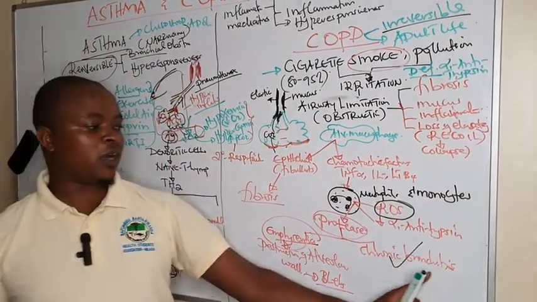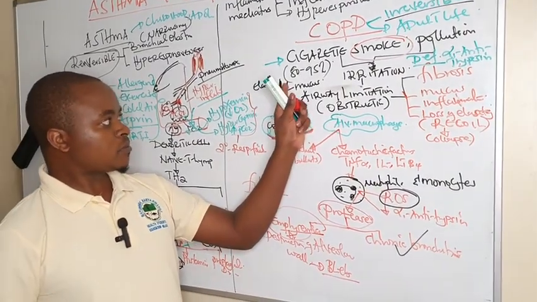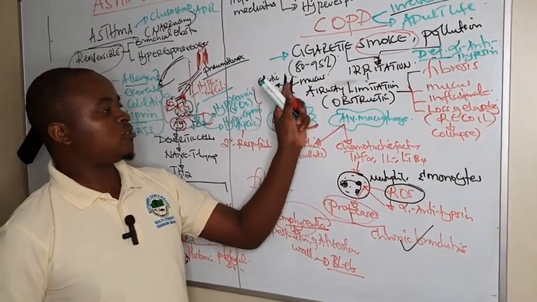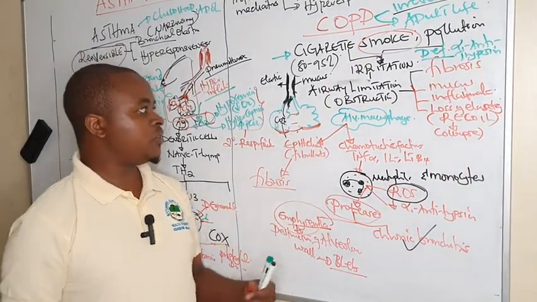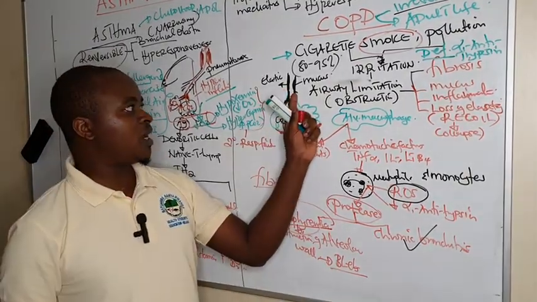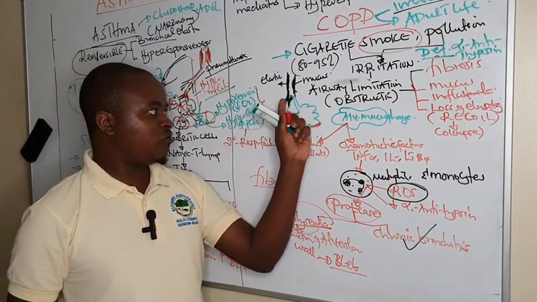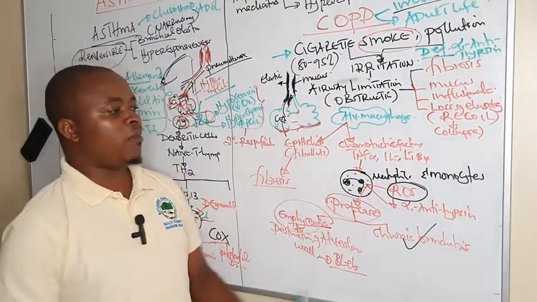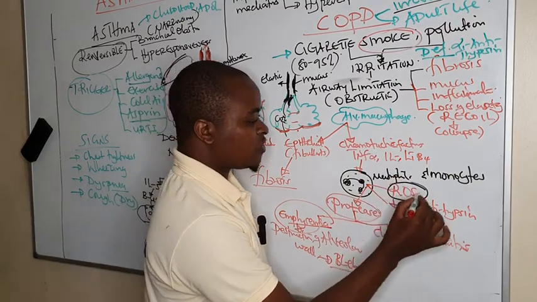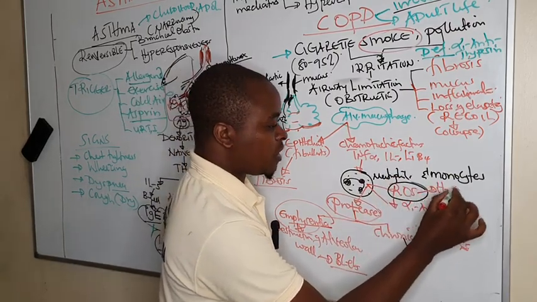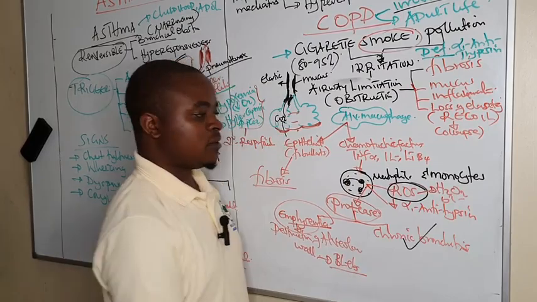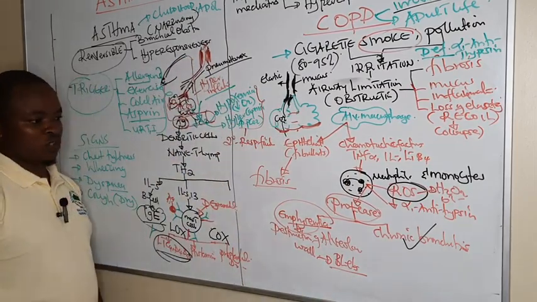But chronic bronchitis is just chronic inflammation of the air passage, that is the bronchioles, due to accumulation of mucus, due to trigger of inflammation by the reactive oxygen species like hydrogen peroxide and superoxides, which bring about destruction.